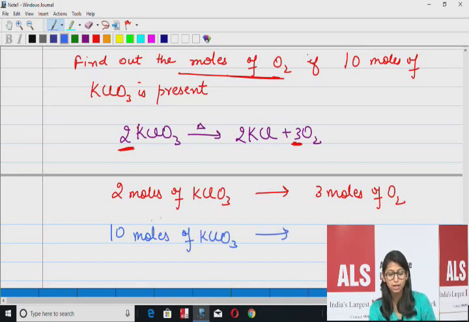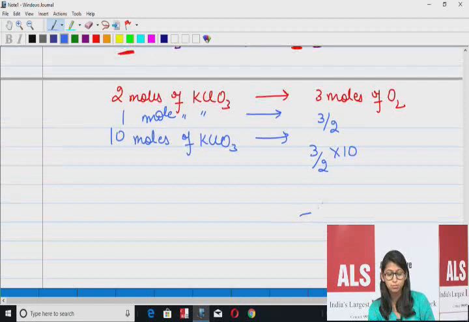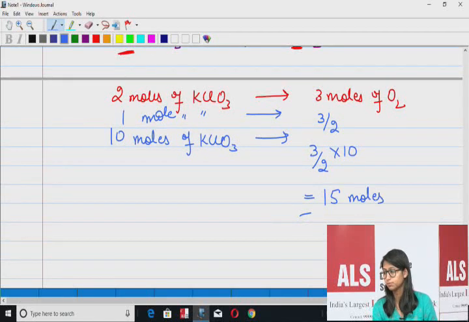So 1 mole will give you, a complete unitary method. You have studied in your junior classes, na? It will be 3 by 2 into 10. So your answer comes out to be 15 moles. Clear, everyone? Easy, na? So if any question is given to you, you will balance it and then check for the stoichiometry. Right?